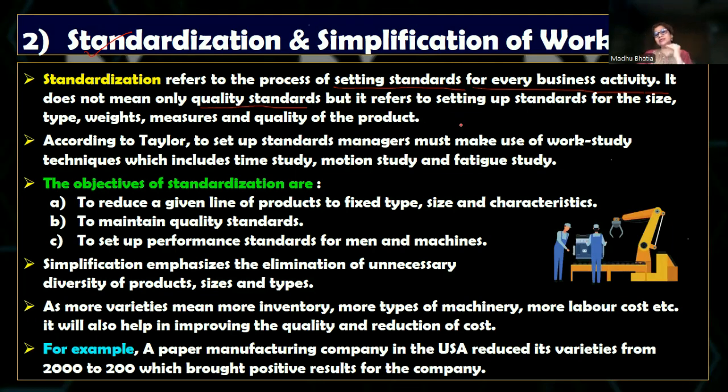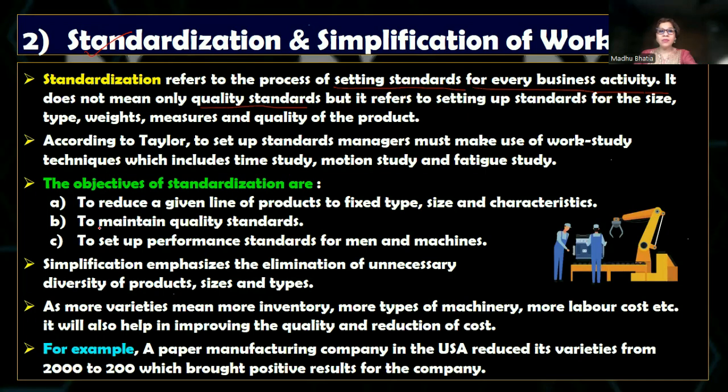You will decide at what sizes we are going to deal with, what quantities we are going to deal with, what weights or measurements we are going to deal with. So that is setting up standards in 2 ways. One is as in the way of size, type, weight, etc. And the other one is in the quality. That means the quality of the human resources as well as the physical resources, right?